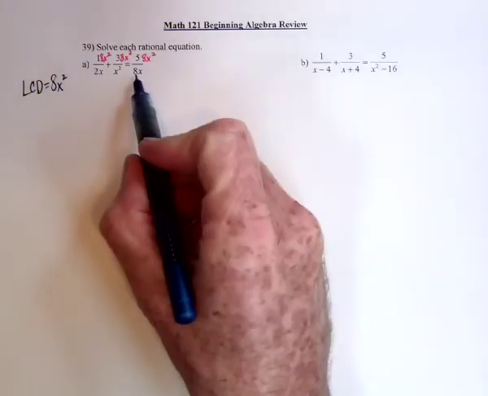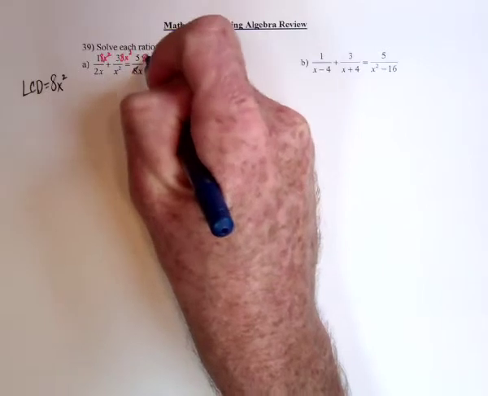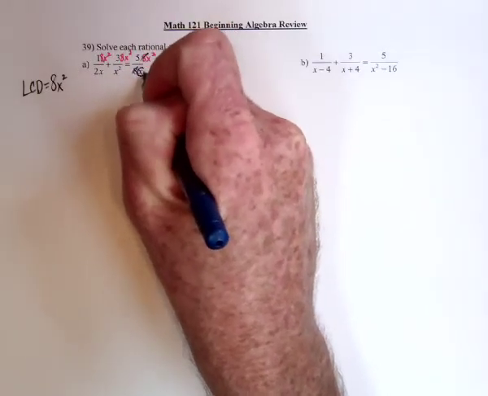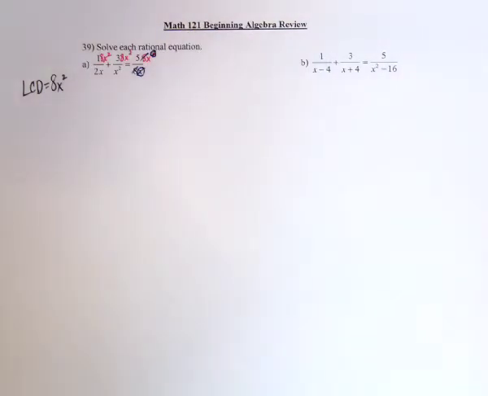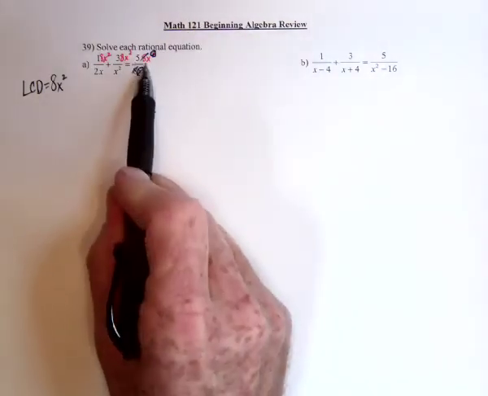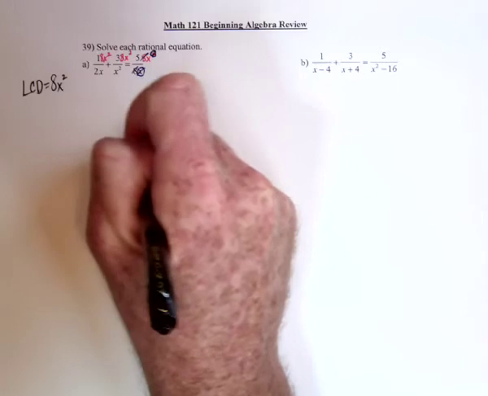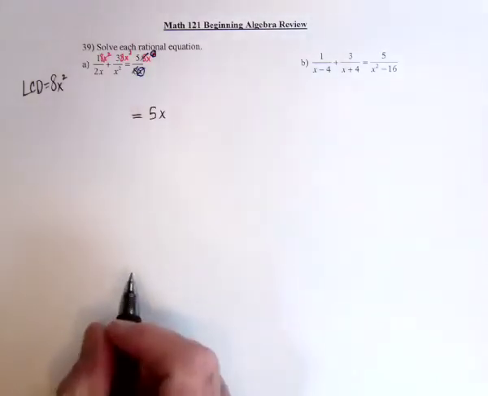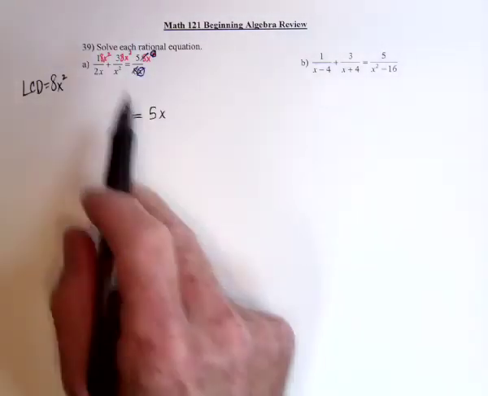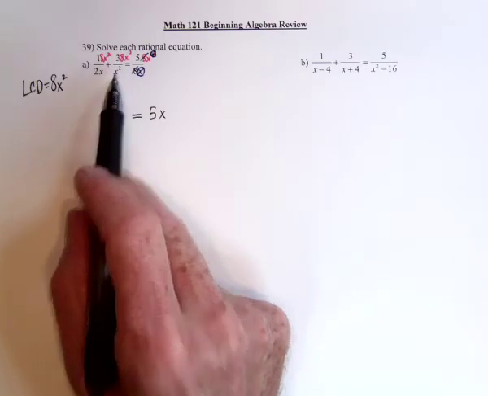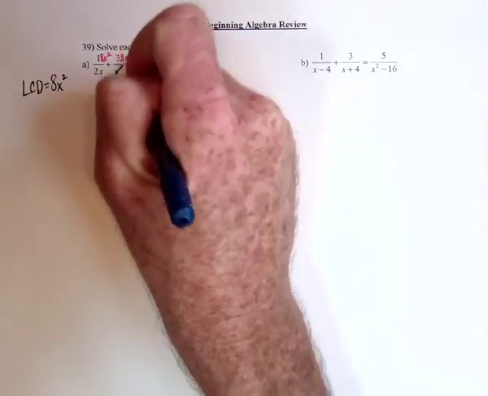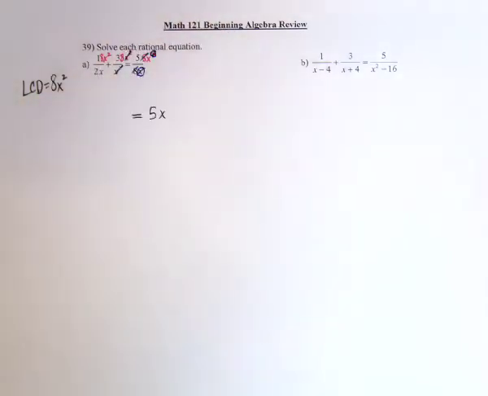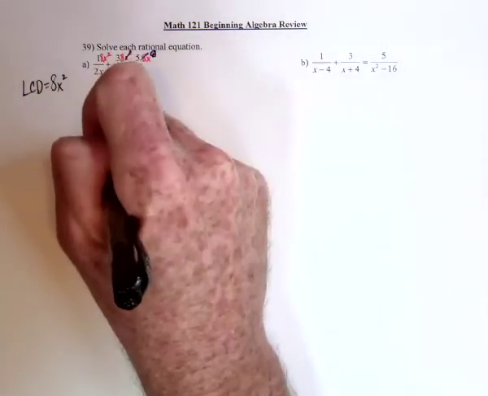So over here, the 8's will cancel, and this 1x will cancel one of these x's, so it leaves behind a 5 times x. Then when you reduce it here, this x squared on the bottom will cancel the x squared on the top, so it just leaves a 3 times an 8, positive 24.